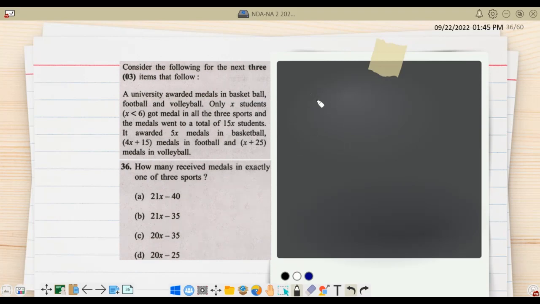How many received medals in exactly one of the 3 sports? So exactly one of the 3 sports, we are going to need A plus B plus C, right? So we need the value of A plus B plus C. We know the value of A plus B plus C plus D plus E plus F. This is 14x.